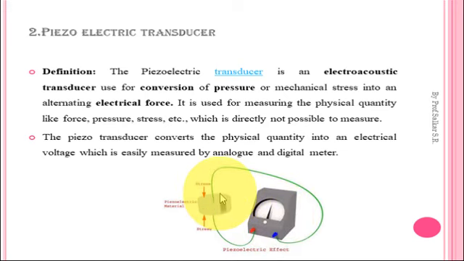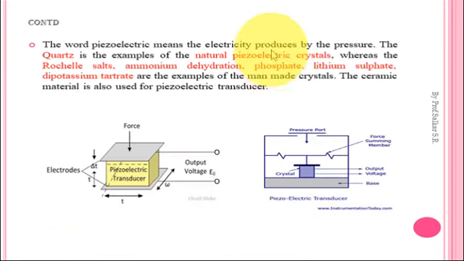Now we will see the actual construction of the piezoelectric transducer. The word piezoelectric means electricity produced by pressure. As I have already told, some crystal structures are used to produce the voltage in the piezoelectric transducer. Quartz is a naturally available piezoelectric crystal, a crystalline structure which, when subjected to pressure, produces an electrical voltage.